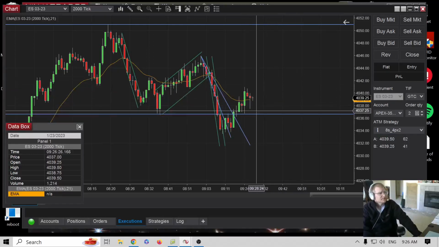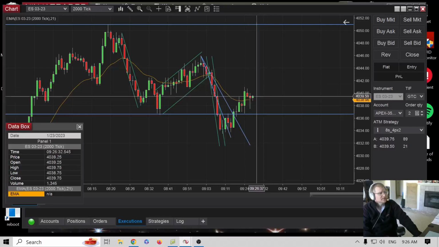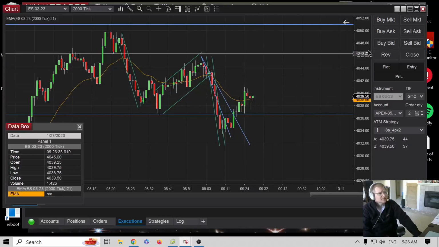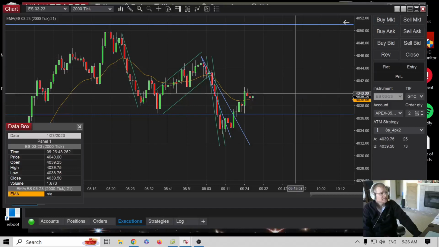First short. This could be the first attempt to go long. I feel like if it breaks this, we should be buying that. I don't know. It's a temptation, but is that going to be another trap? Man, that was a strong buy. I say give it a go.